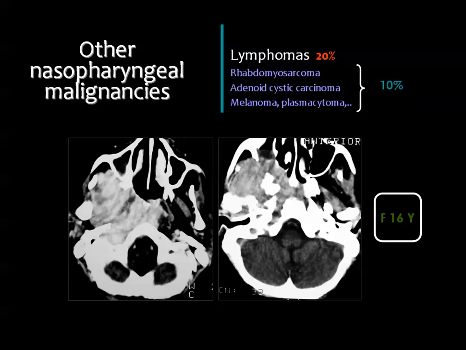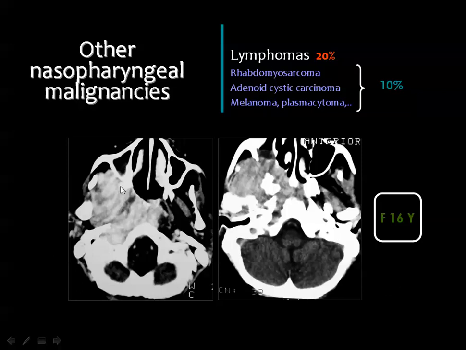All these tumors, compared to squamous cell carcinoma, are considered relatively uncommon. And how can you predict the possibility of lymphoma or rhabdomyosarcoma, for example? You predict this by the age of the patient in most cases. And you know, lymphoma and rhabdomyosarcomas are usually seen in the pediatric age.